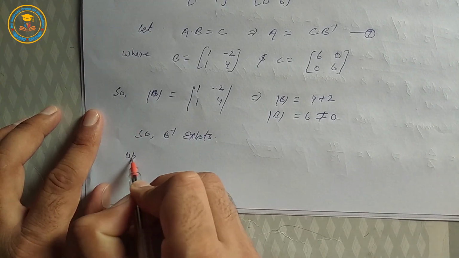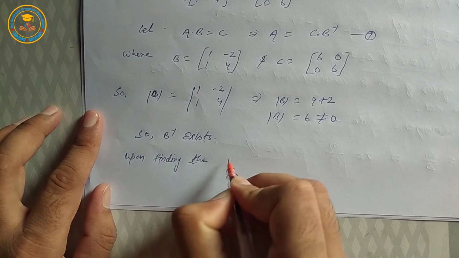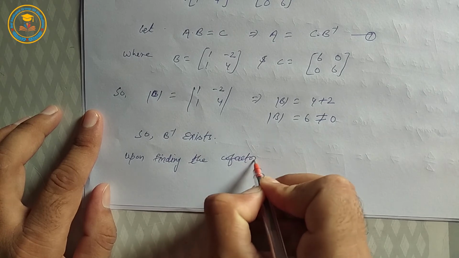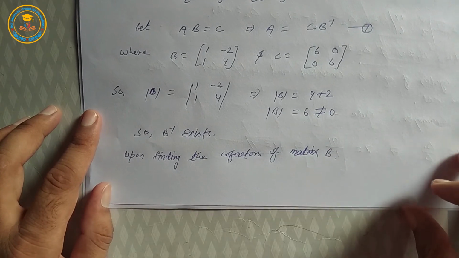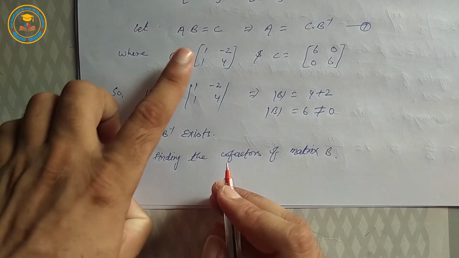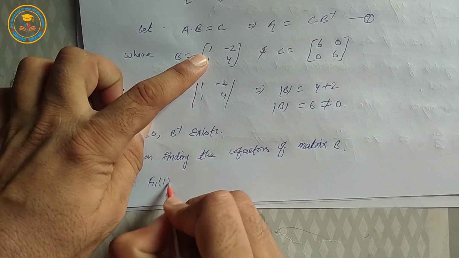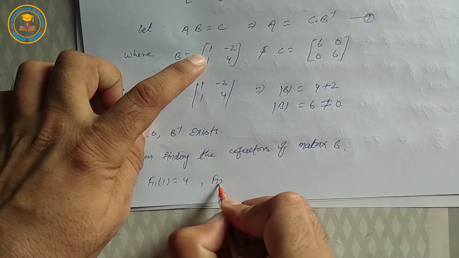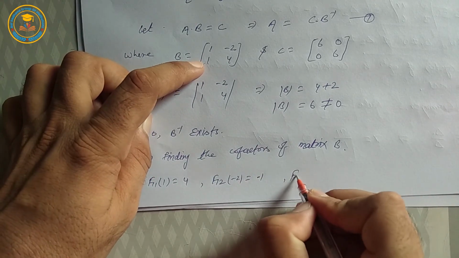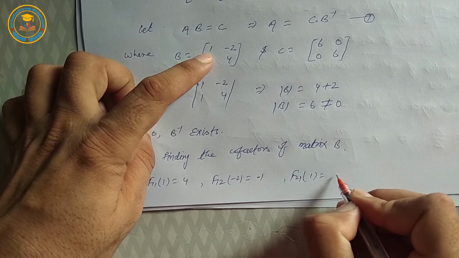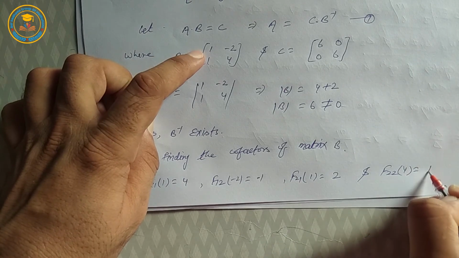Upon finding the cofactor of matrix B: F11 over 1 is equal to 4, F12 over minus 2 is equal to minus 1, F21 over 1 is equal to plus 2, and F22 over 4 is equal to 1.